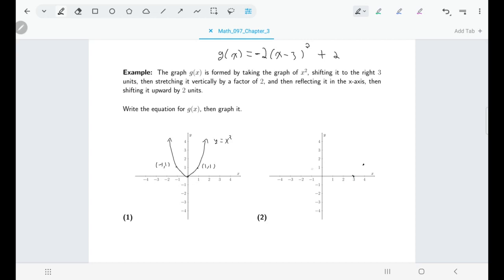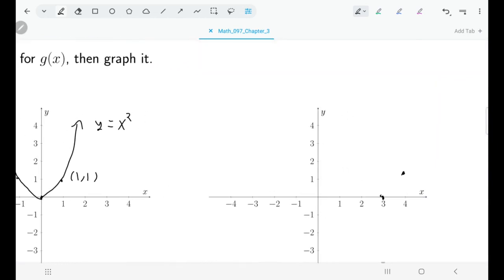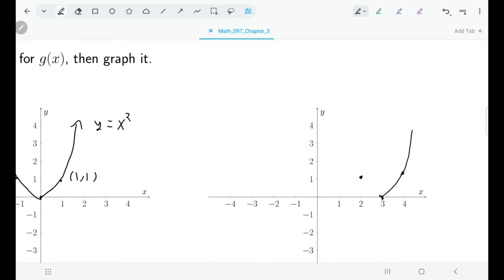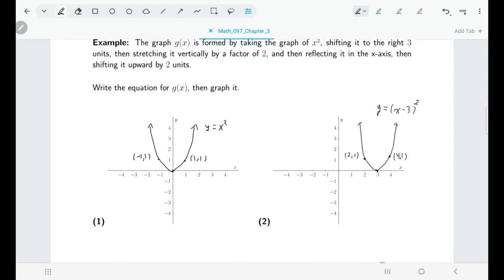And instead of (negative 1, 1), I'll have (2, 1). Of course, we need to label that. So that is (x minus 3) squared.